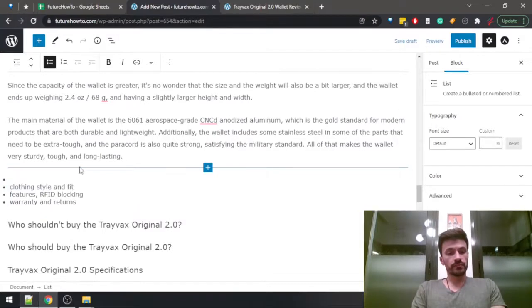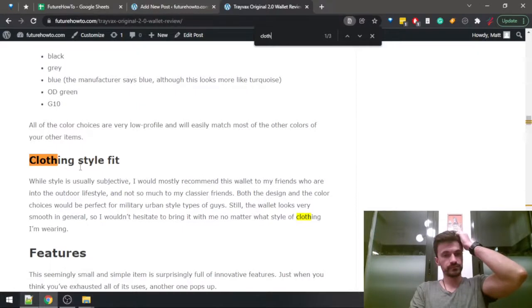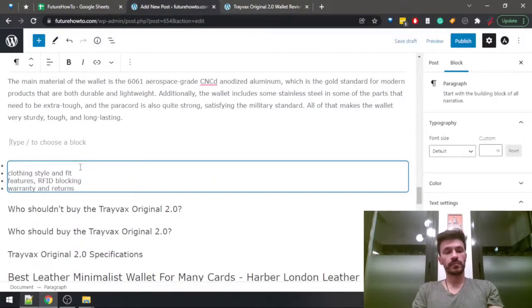Materials, quality, clothing style and fit. Outdoorsy, not so much for classier people. Military, urban style. Okay, yeah.